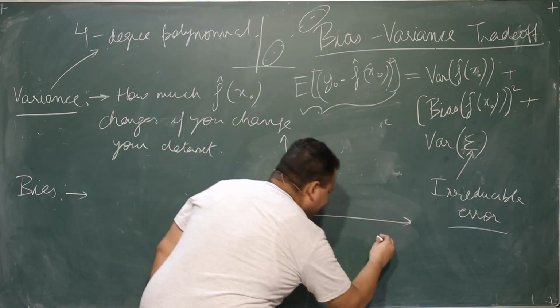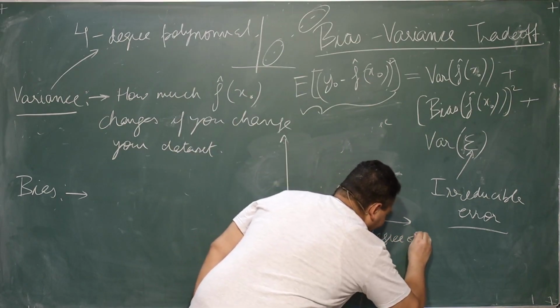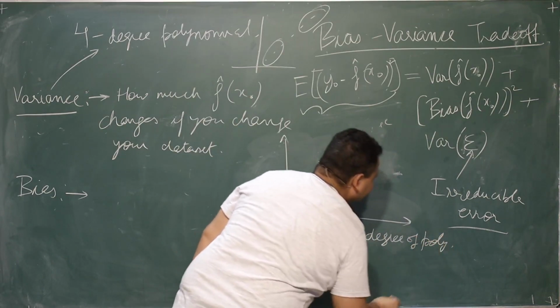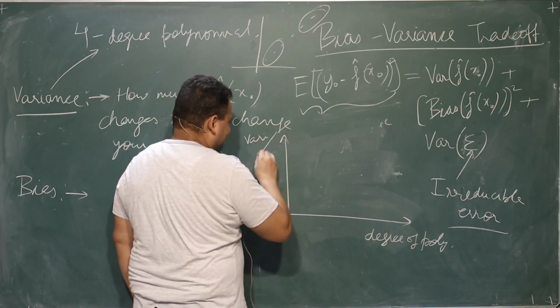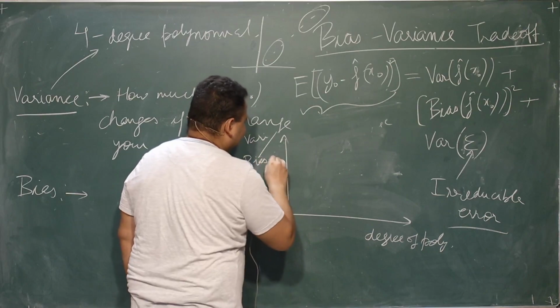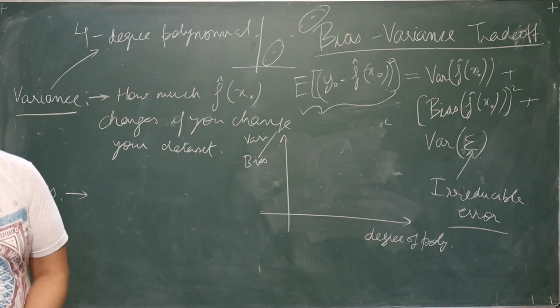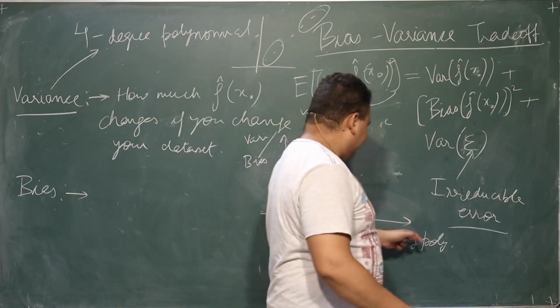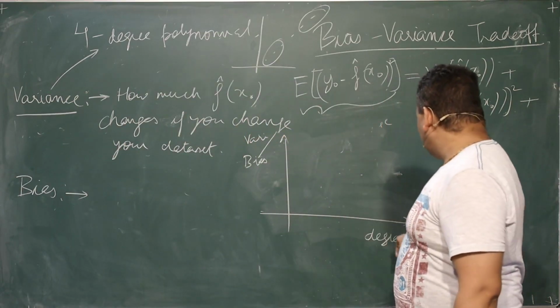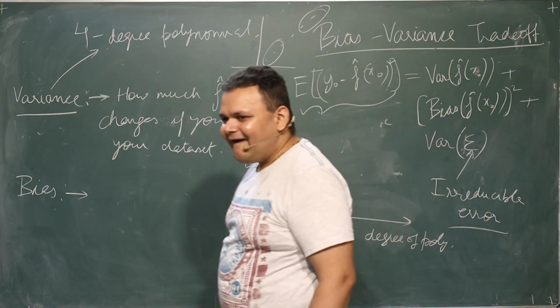So this is your degree of polynomial, and this is your variance and bias. I am plotting both variance and bias over here. I'll use the orange one. As you increase the degree of polynomial, what happens to your variance?